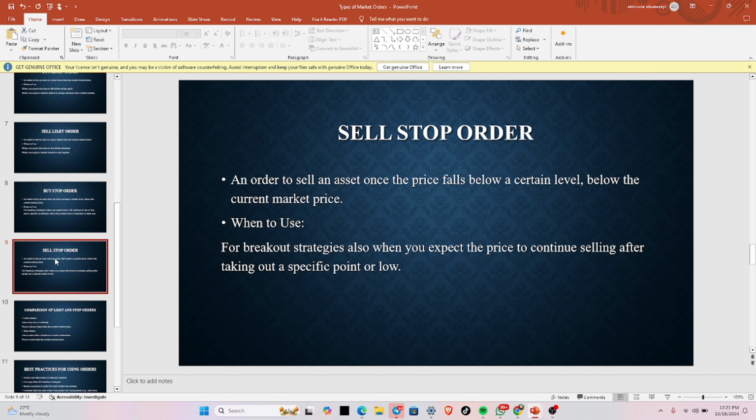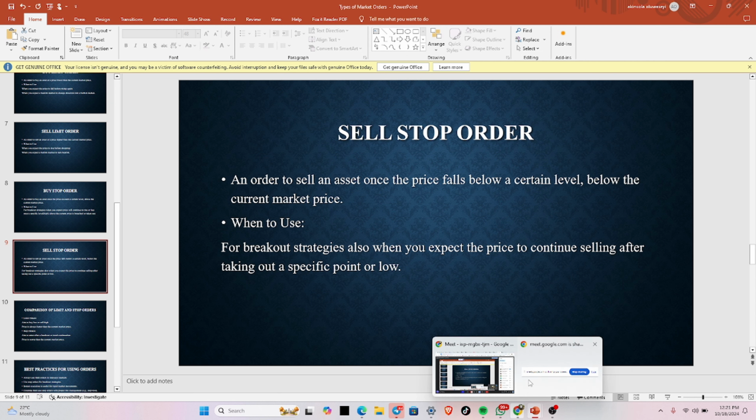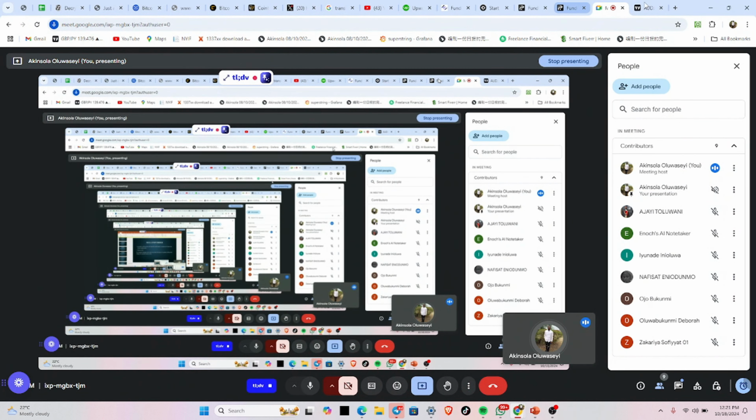For the sell stop, you are planning to sell at a price that is lower than the current market price.